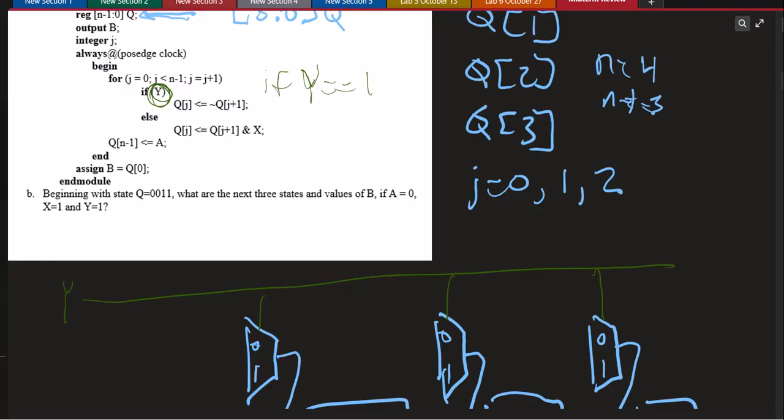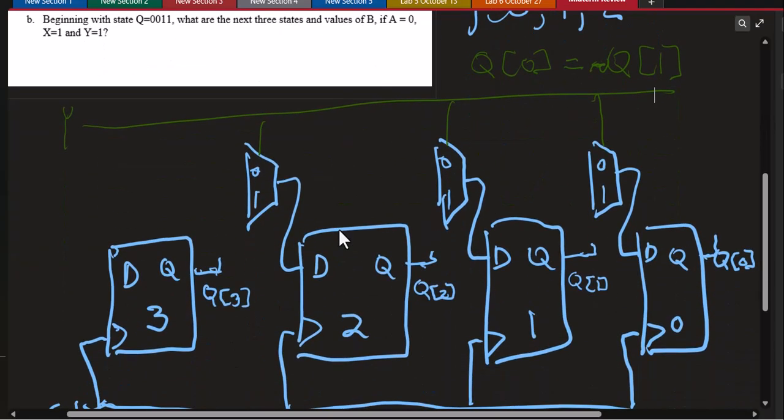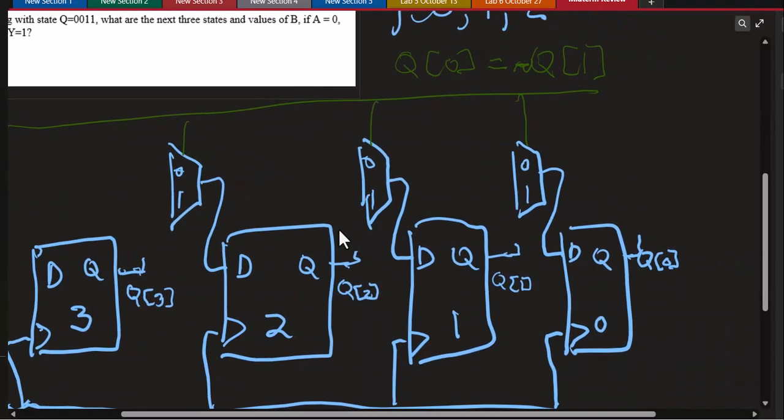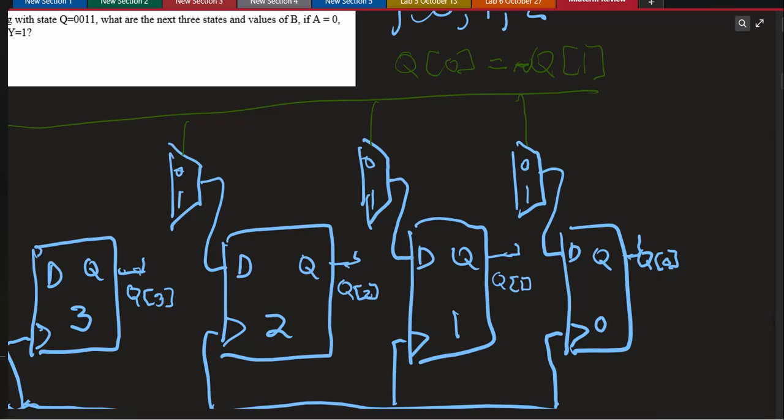So let's just start with 0. That would be q of 0 becomes equal to the not of q of 1. This was if y equaled 1, so it goes into the 1 port of the multiplexer. So if y, q of j becomes equal to the not of q of j plus 1.